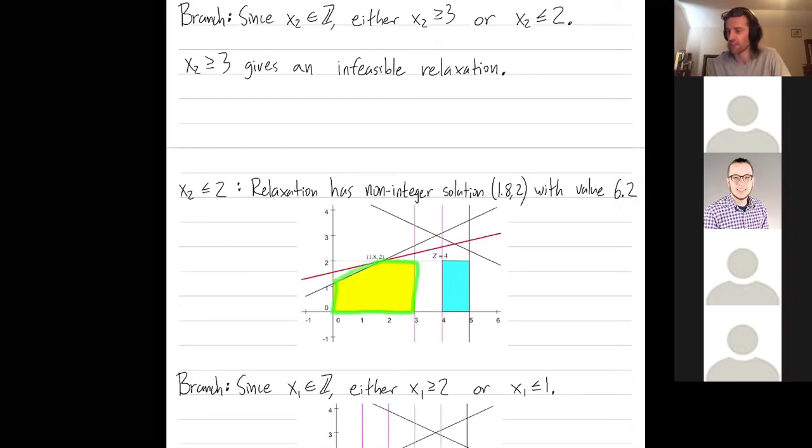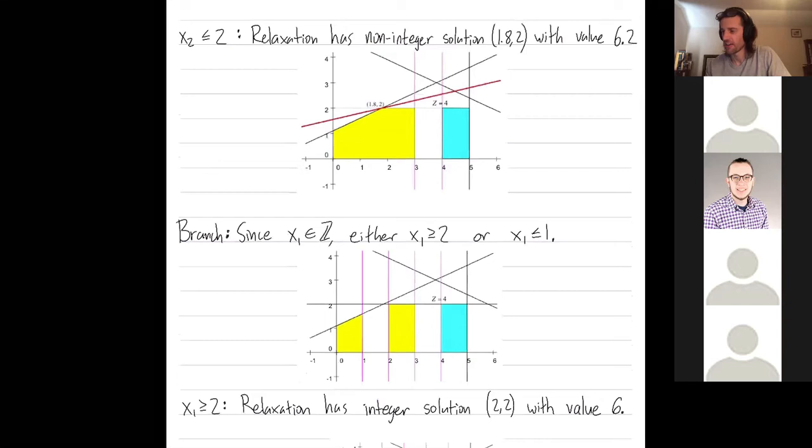There could be an integer solution in here that has value better than 4. So we're going to split again on the x1 direction. Since x1's an integer, it's either at least 2 or at most 1. Let's consider first the part that's at least 2.